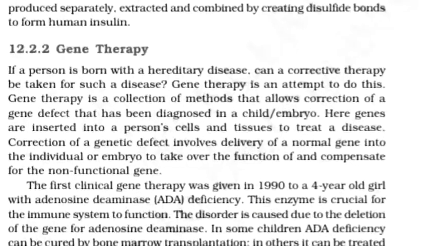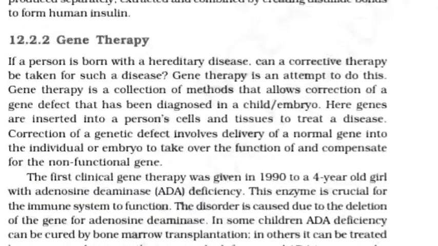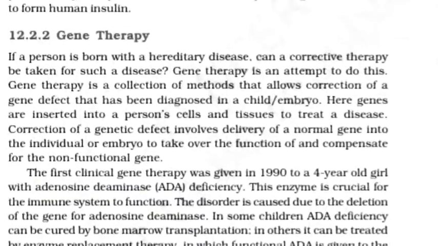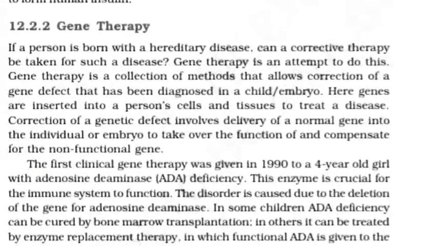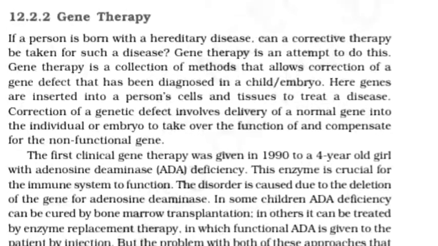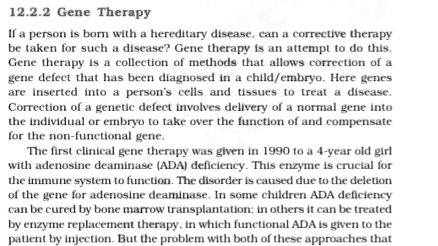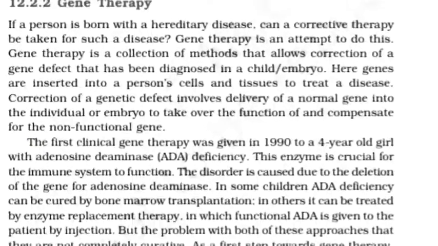The first clinical gene therapy was given in 1990 to a 4-year-old girl with adenosine deaminase deficiency. This enzyme is crucial for the immune system to function. The disorder is caused due to deletion of the gene for adenosine deaminase.